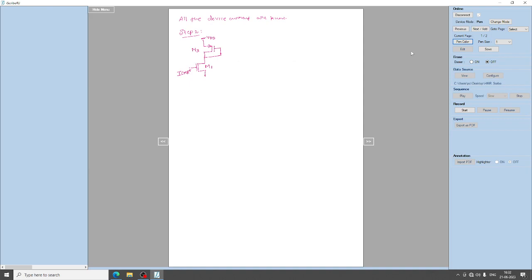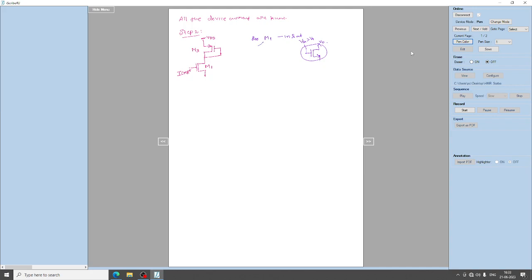Now consider transistor M1. For any transistor to be in the saturation region, as we discussed, the gate voltage should be greater than the drain voltage by the threshold voltage, to ensure the transistor is in the saturation region.